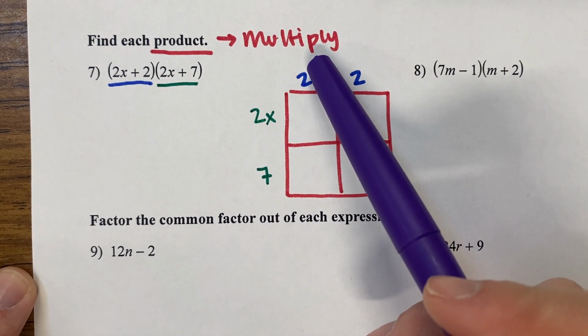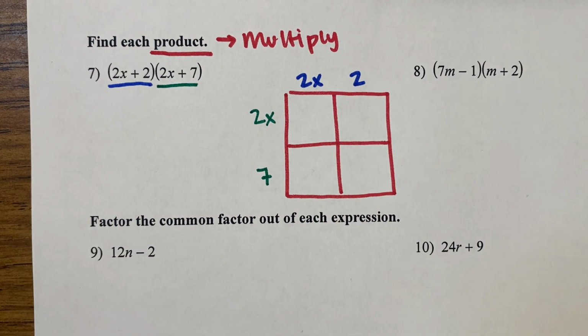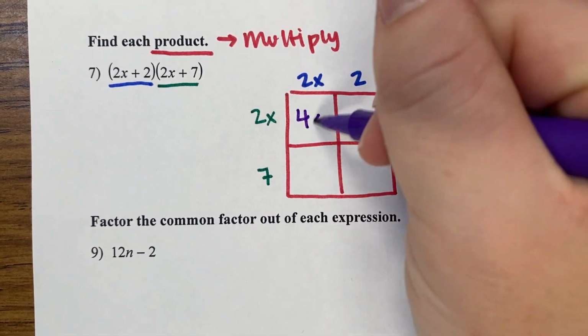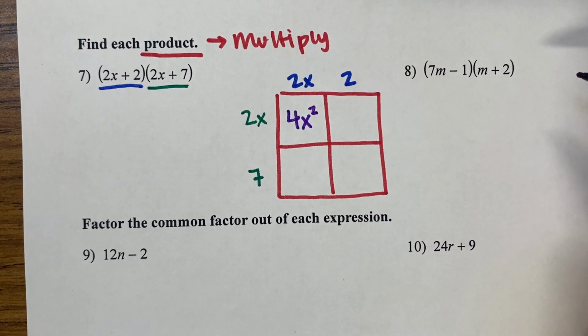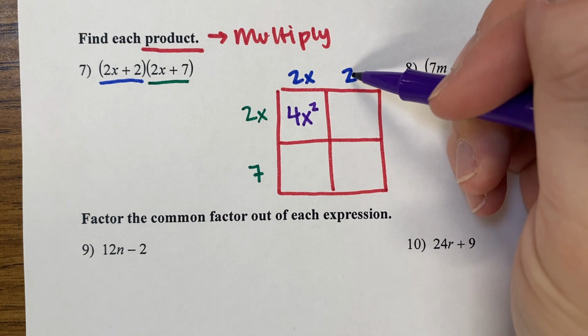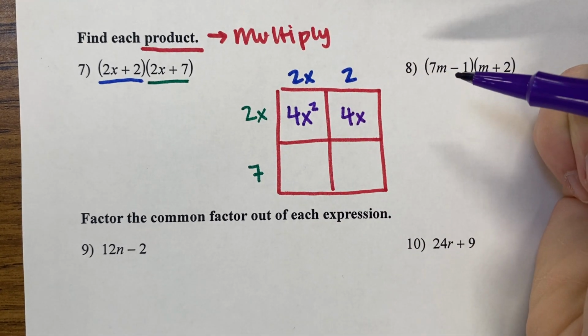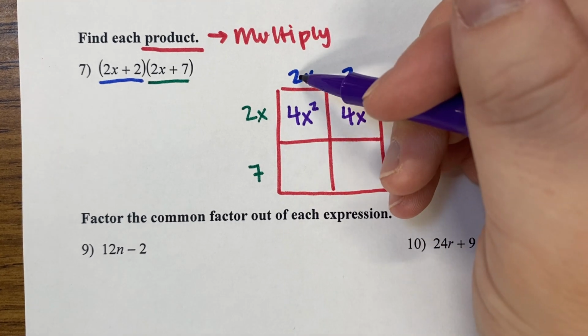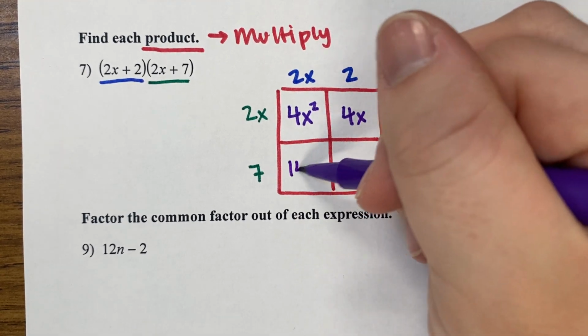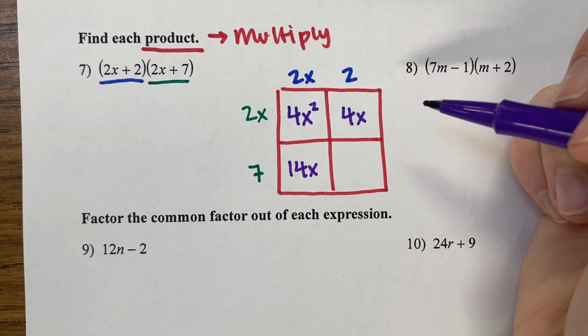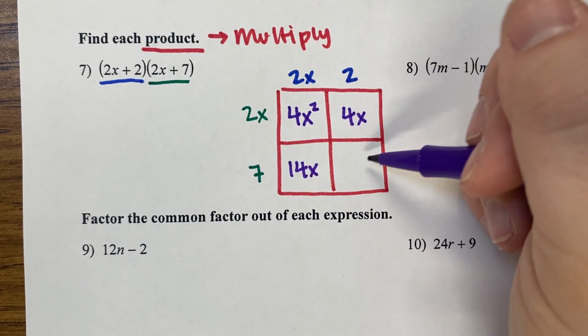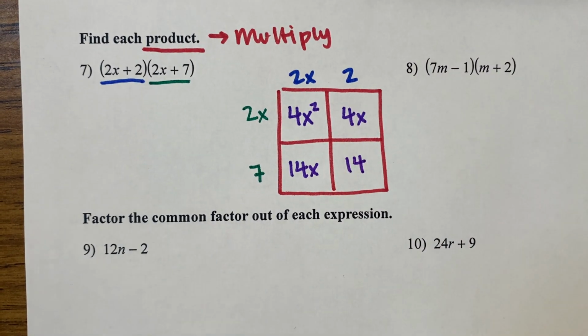So my first box lines up with 2x times 2x. Well, that's going to give me 4x squared. Okay, my next box, 2 times 2x is 4x. Next box down here, 2x times 7, 14x. And 2 times 7, 14.